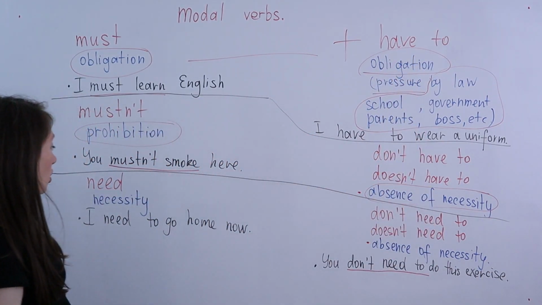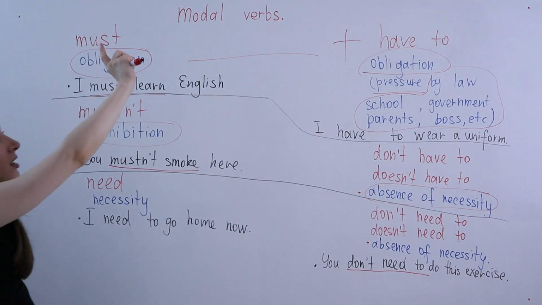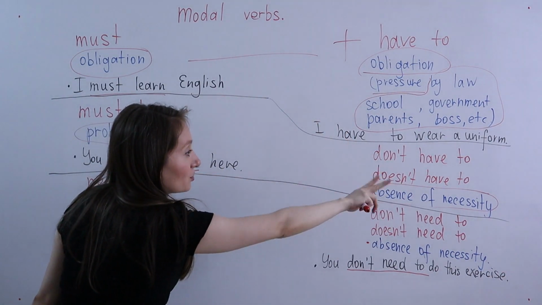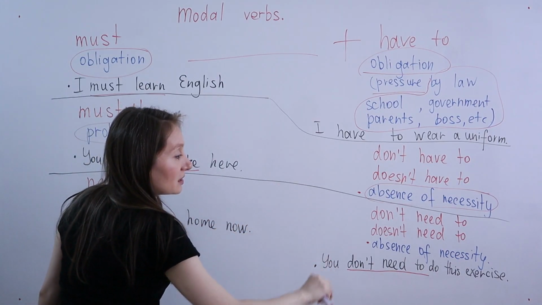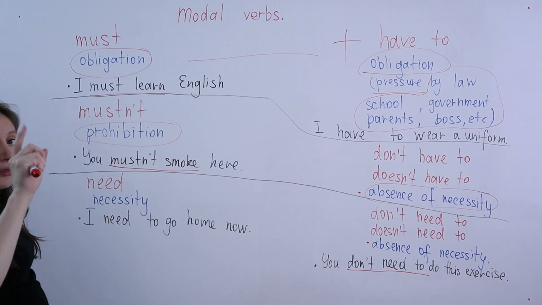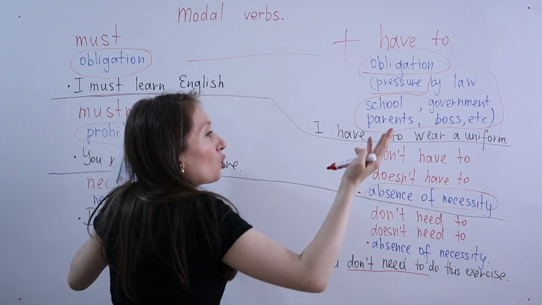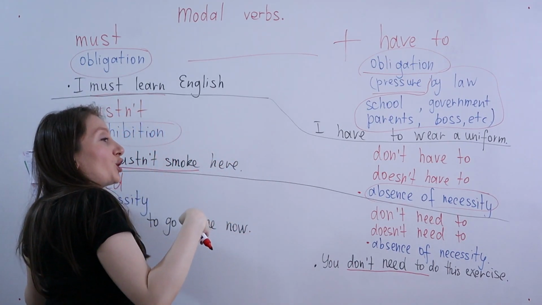All right? So, we have must, mustn't, have to, don't have to, doesn't have to, and need, don't need, doesn't need. Plus, the thing that you have to remember, you have to understand the difference. What does it mean I must learn? What does it mean I have to learn?